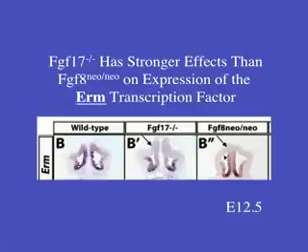And one that we found that has this property is a transcription factor called ERM, which is high in the dorsal and medial prefrontal cortex. In the FGF8 mutant, ERM expression is reduced in the dorsal, but not so much in the medial, whereas in the FGF17 mutant, ERM expression is reduced much more, in my opinion, than in the FGF8 mutant, both in the dorsal and in the medial.